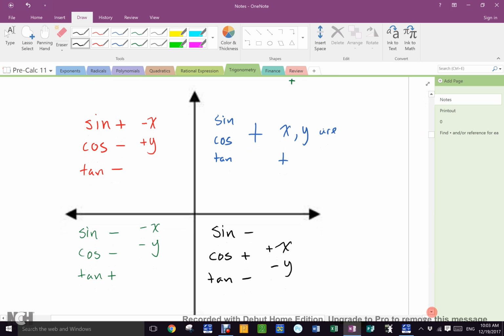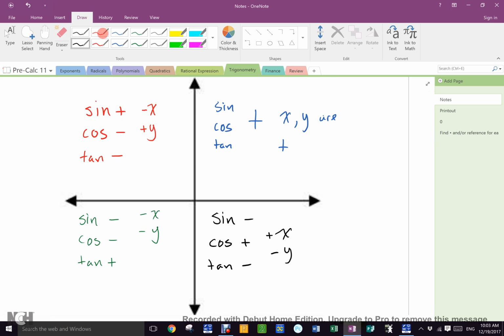Now that tells you something. That tells you that in this quadrant, cos is positive. In this quadrant, all are positive. In this quadrant, sines are positive.